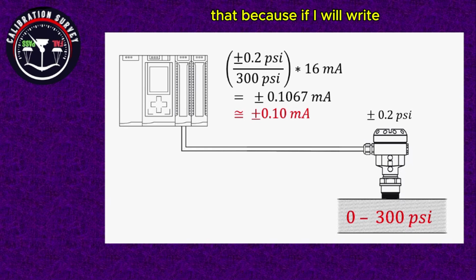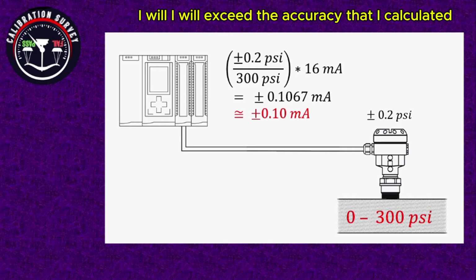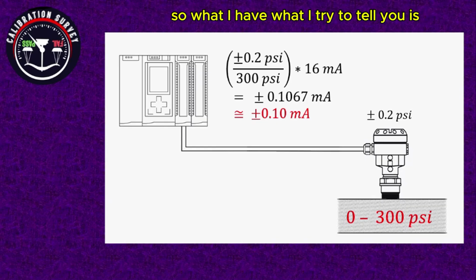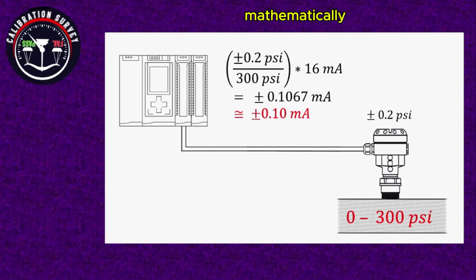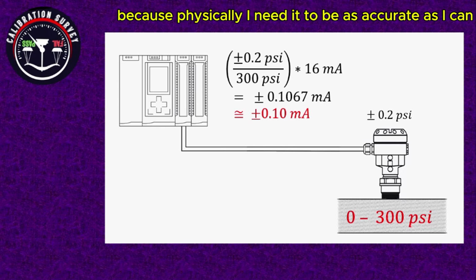That's because if I write 0.11 milliampere, I will exceed the accuracy that I calculated. What I am trying to tell you is I need to have the best accuracy. So rounding the accuracy down is better than rounding it up mathematically, because physically I need it to be as accurate as I can.